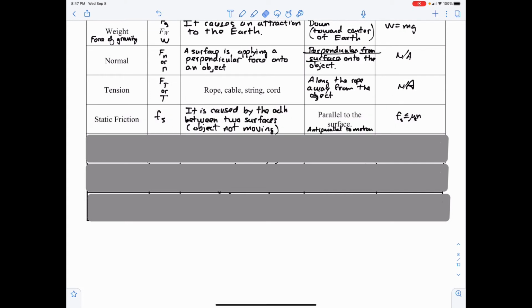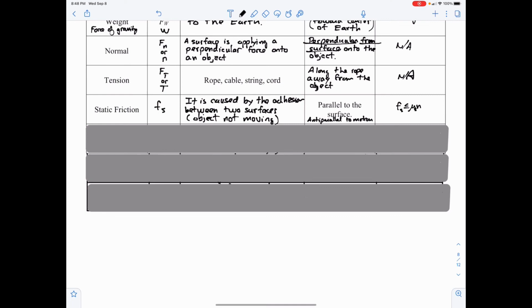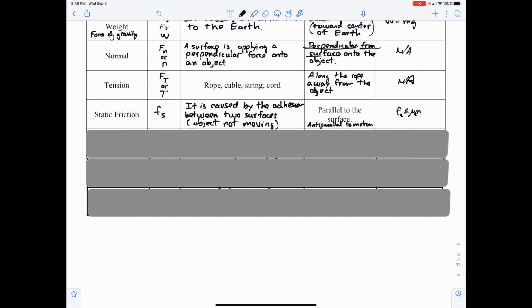The next one is static friction. The variable is F sub S, little f sub S. It is caused by the adhesion between two surfaces that are not moving relative to each other.